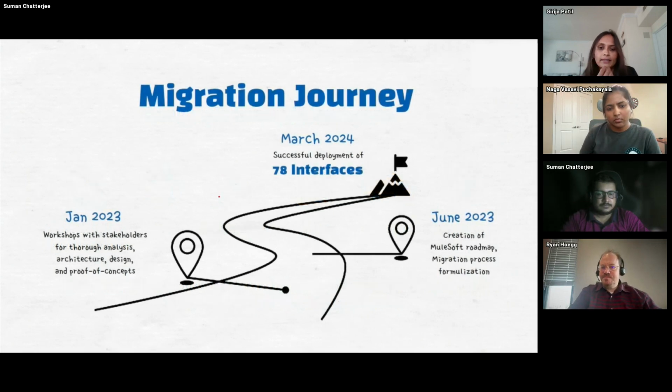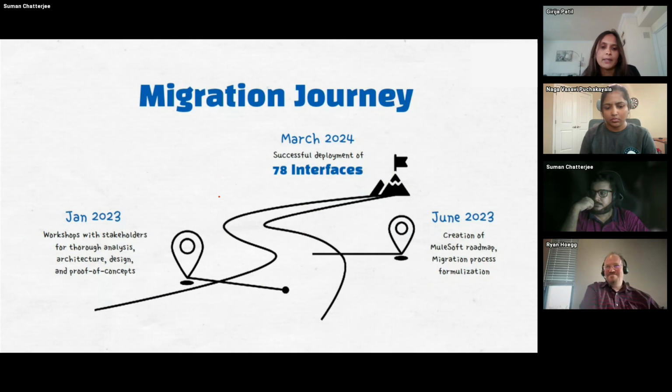If I talk about the journey we had with them, it started in January 2023 with us engaging with their team in deep analysis, architecture and design discussions, and lots of workshops. Around June 2023, they handed over the official roadmap of MuleSoft, and the move to MuleSoft was finalized.